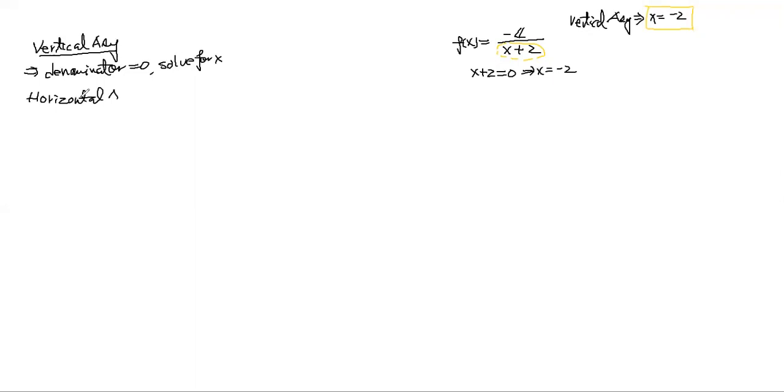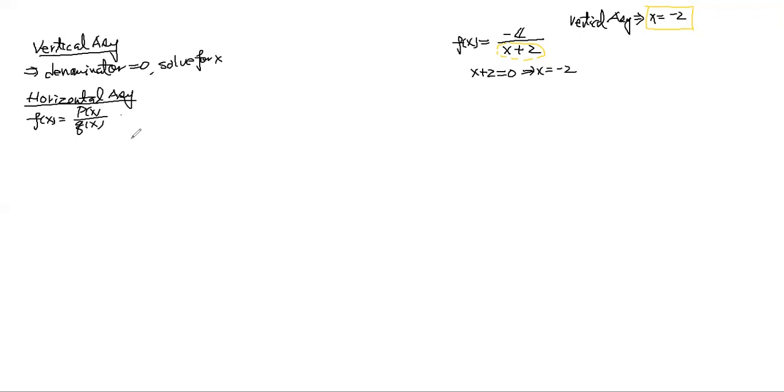Okay, now let's take a look at the horizontal asymptote. The horizontal asymptote is a little bit harder, we have 3 rules here. Because I know my function f of x is equal to the polynomial p(x) over q(x).